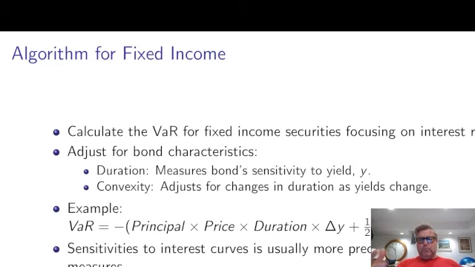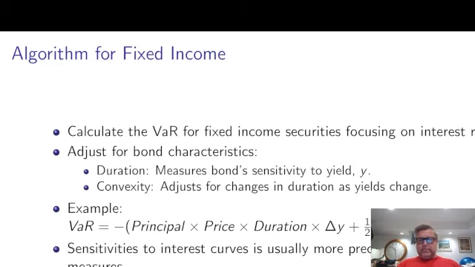So if you have really complex functions, it might not cover that. There are always special examples that you can give. So then how do you calculate the value at risk of an individual bond? That is the formula. It's the principal times the price times the duration times the change in the yield. Duration times change in the yield, you will see that many times.